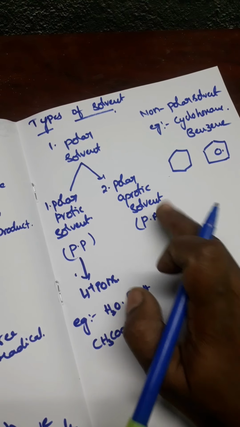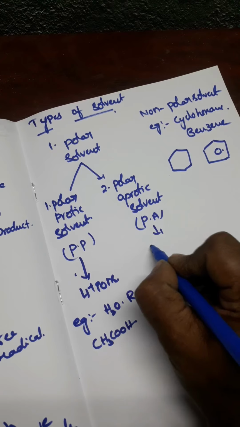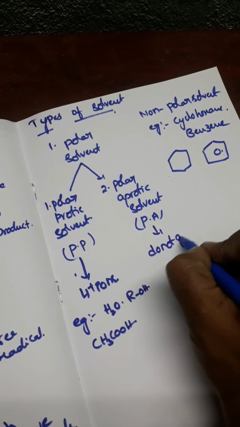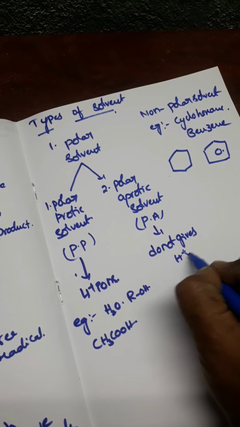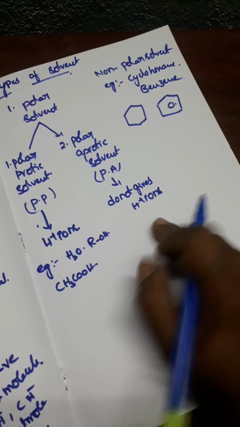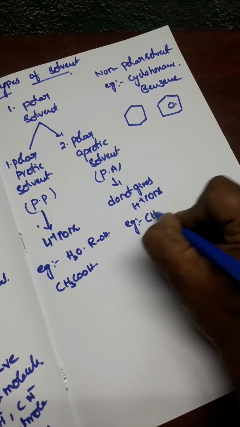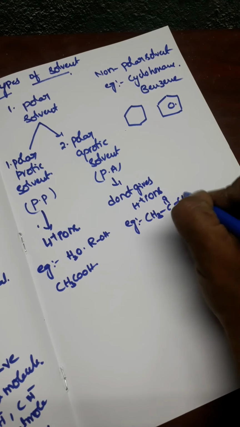Here the polar aprotic solvents are those which do not give H plus ions. For example, acetone, CH3, C double bond O, CH3.